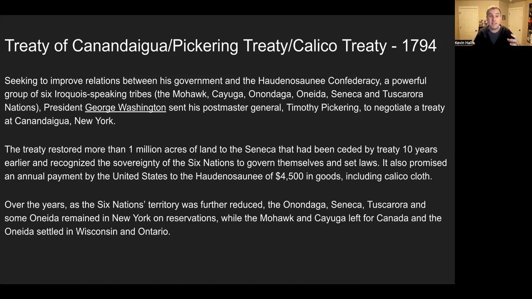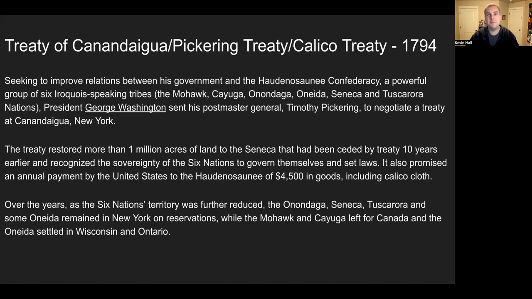So George Washington sent his postmaster general to say, we're giving you 1 million acres of land. Here you go. Sorry things haven't worked out so well in the past. And also, we're going to give you $4,500 a year in goods and other things. Yay! The United States government is giving them back what was rightfully theirs. Oh boy, this is sounding good, you guys.